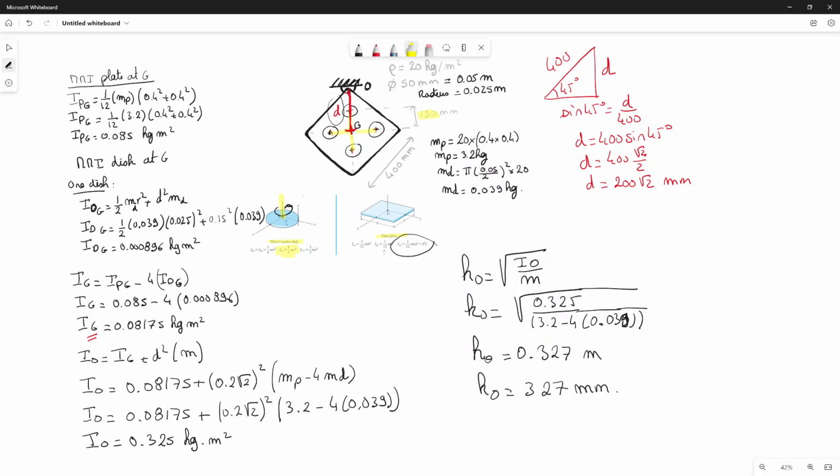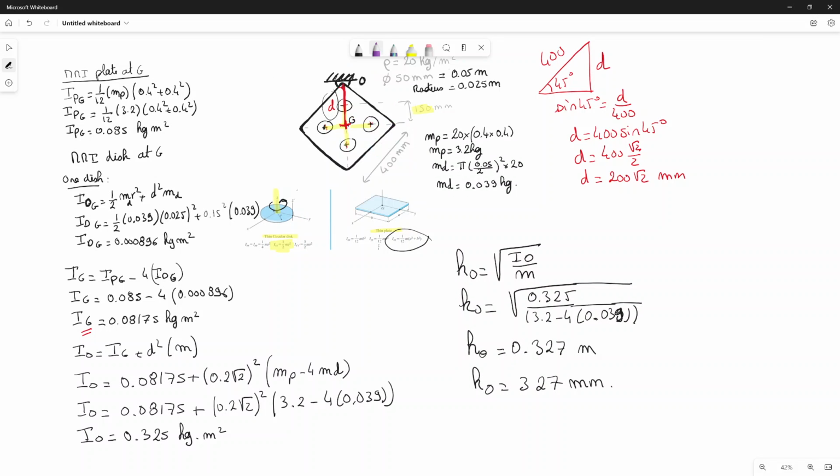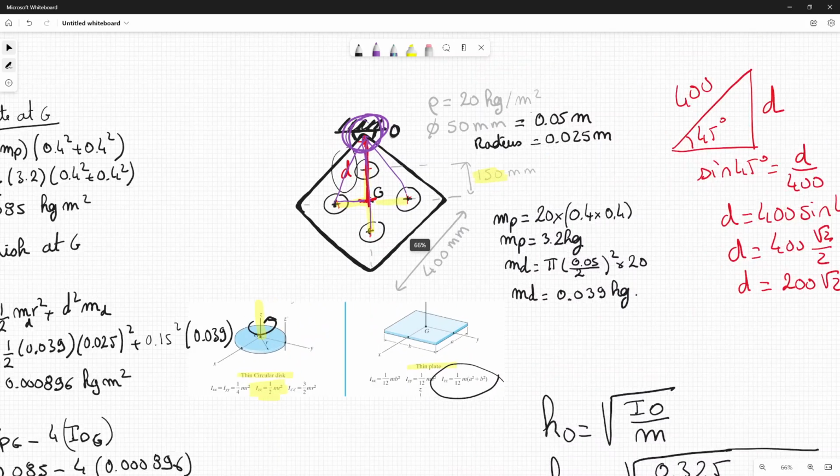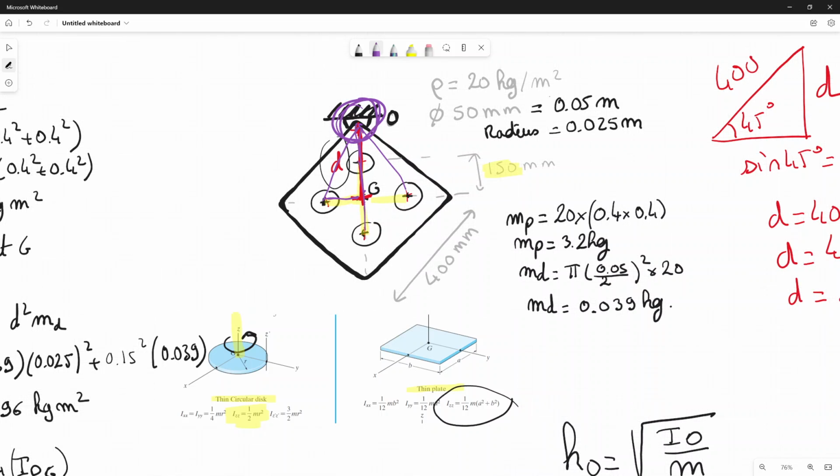So in that problem, what we need to look for is an intermediate center that will help us to find the moment of inertia about O. If we begin right away with O, that will be very challenging, to find all the distances. So instead of using all those distances, we use the point G in the middle, and we move all the circles first to the center.